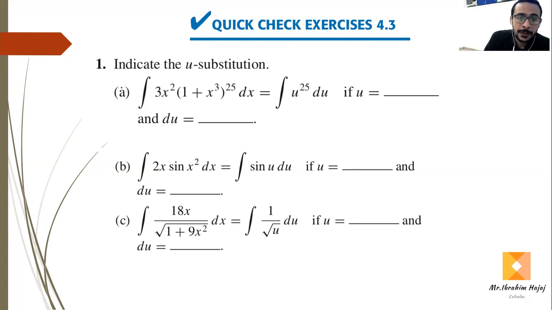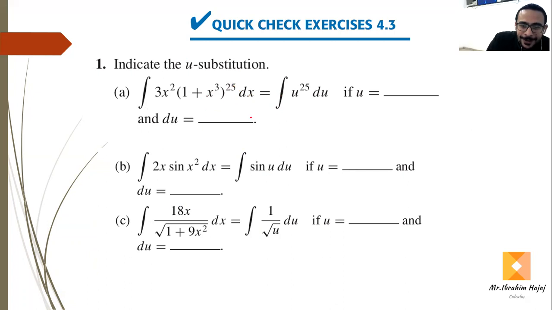Ziad Abdel Karim, letter A: the integral of 3x squared times 1 plus x cubed to the power of 25 dx equals. Here he gave us u to the power of 25.